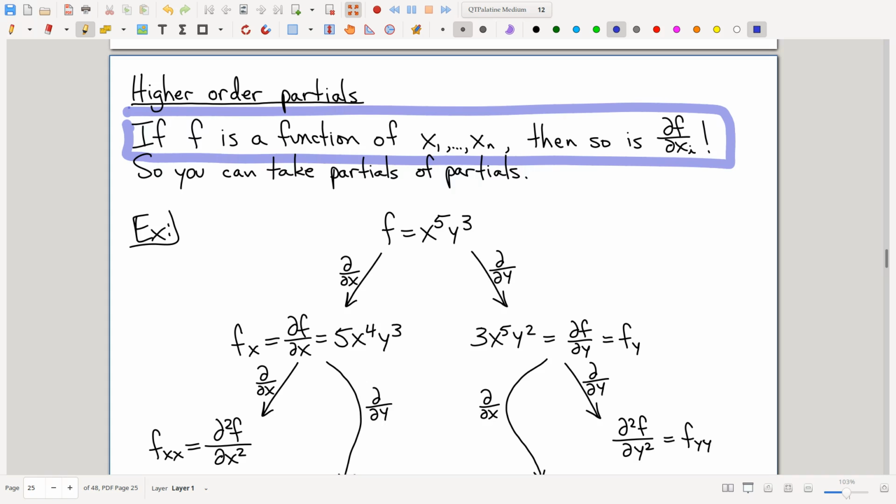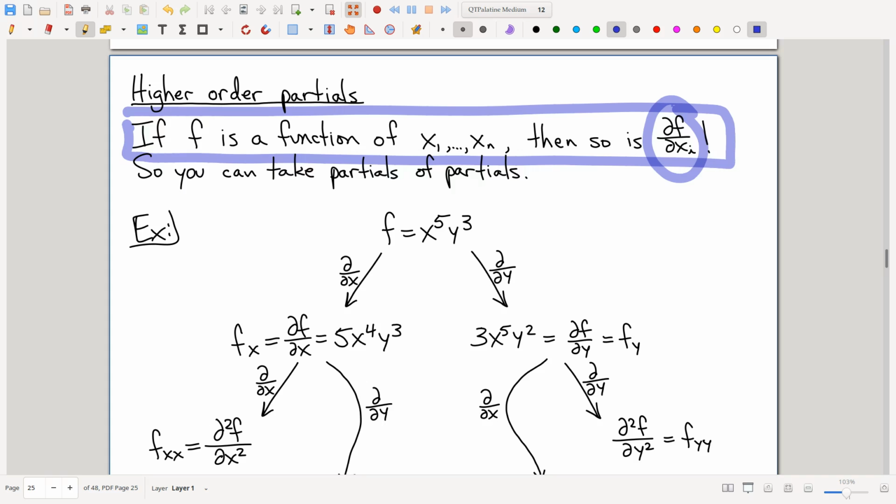Well, it's the fact that it's a function of several variables, and then I can entertain, hey, what do I get when I take the partial derivative of it? Okay, well, here's the thing. When you take a partial of a function of several variables, and just think about the mechanics, right? You've got an expression that involves several variables. When you take a partial derivative, you get a different function of those same several variables.